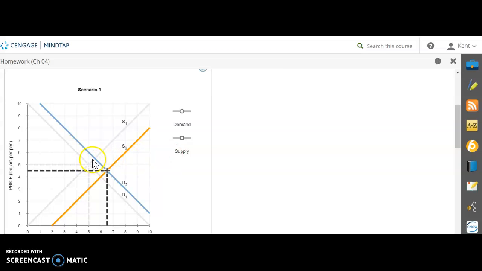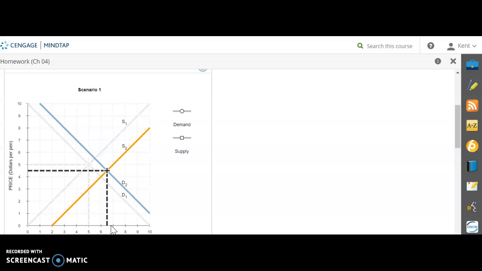Now, let's observe something here. When demand shifts out by itself, we know that's going to increase quantity. When supply shifts out by itself, that's going to increase quantity. So both the demand shift and the supply shift increase quantity.